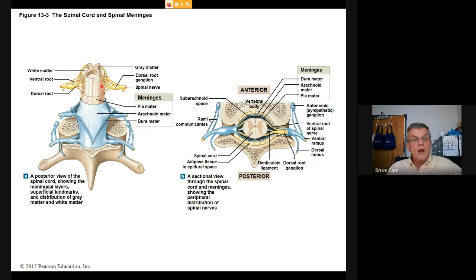So everywhere between up here and down here somewhere, we're going to get connections from this dorsal root. Processing goes on in this gray matter and gray matter in the brain, and sends motor commands as necessary back out through this ventral root and out the right side. Notice that it's reflected by a similar anatomy on the left side, the mirror image.